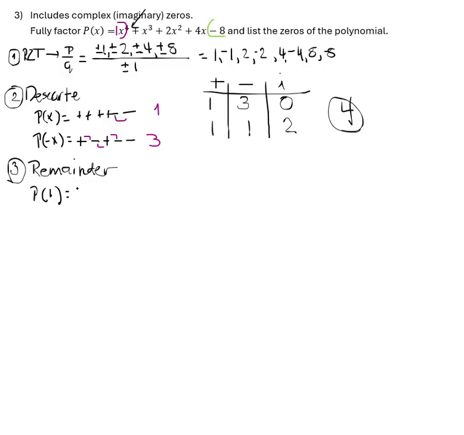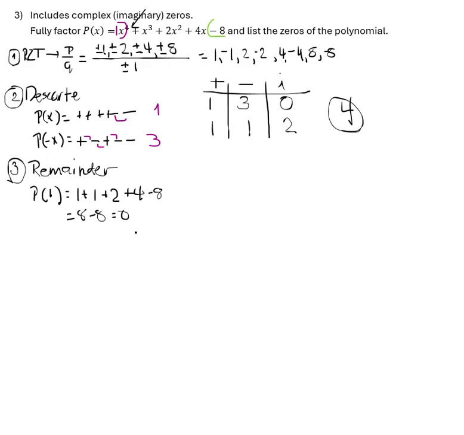That's going to be x to the fourth. 1 to the fourth is 1. Plus 1 to the third is 1. 1 squared is 1 times 2 gives me 2. 4 times 1 is 4. And then I have a minus 8. If I collect my positives, that's going to give me 8. Minus 8, which is indeed 0.